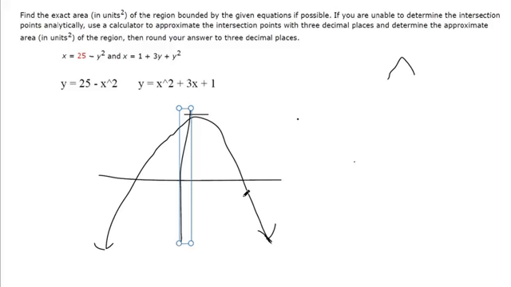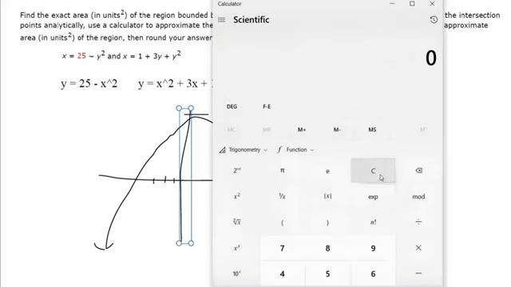I'm using the vertex formula to think of where the vertex is. Vertex is negative b divided by 2a, so negative 3 divided by 2 times 1. It's negative 1.5. Maybe plugging this in a graphing calculator would be quicker, but negative 1.5 is the x coordinate.